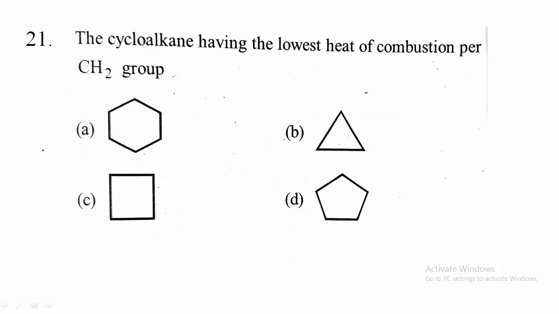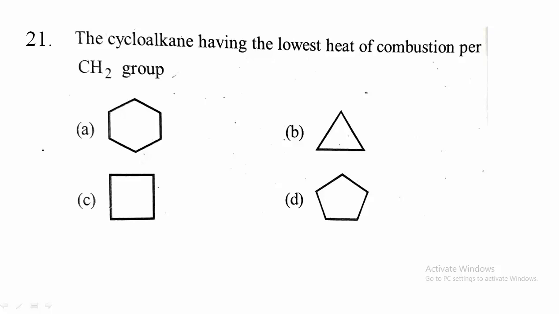21st, the cycloalkane having the lowest heat of combustion per CH2 group is? If you want the lowest heat of combustion, it should release the least amount of heat energy on combustion.